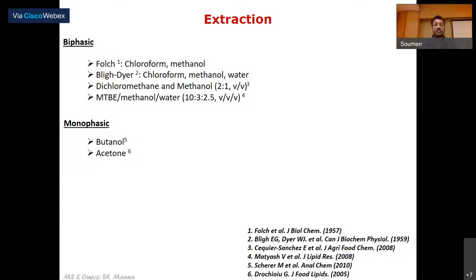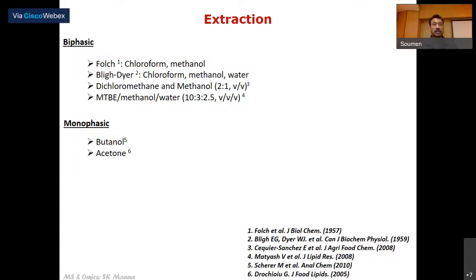So it really depends on what you are interested in. And oftentimes in many of these methods you add either salt or acid to reduce the solubility of the fat in the aqueous layer and push them towards the organic layer. So it quite depends on what type of lipid you are interested in.